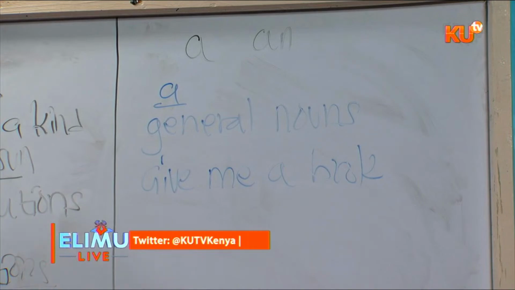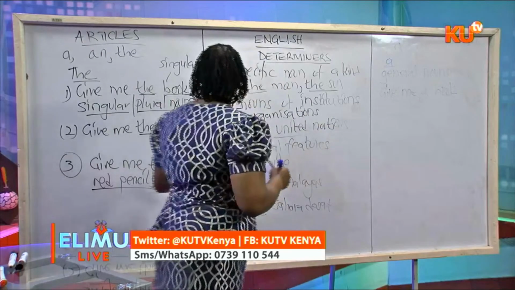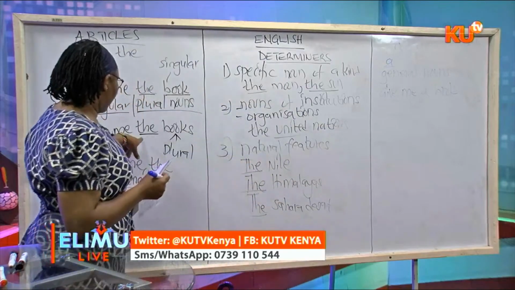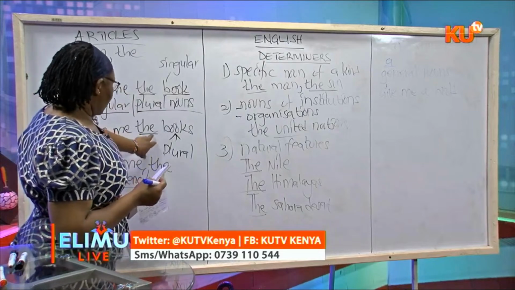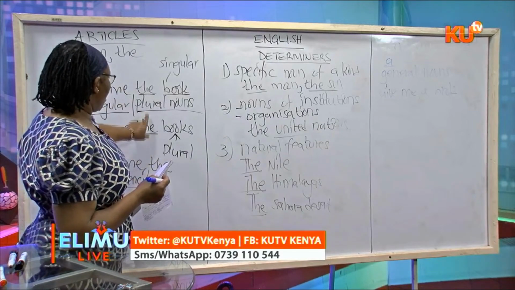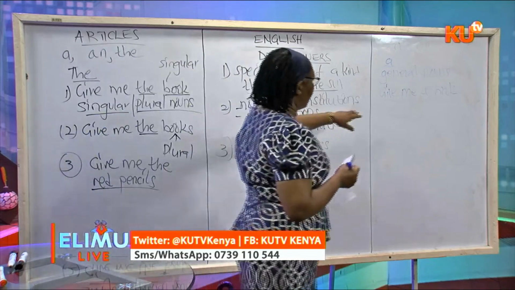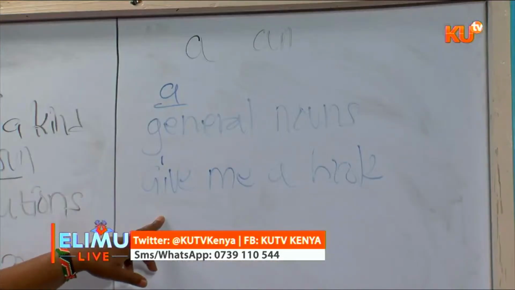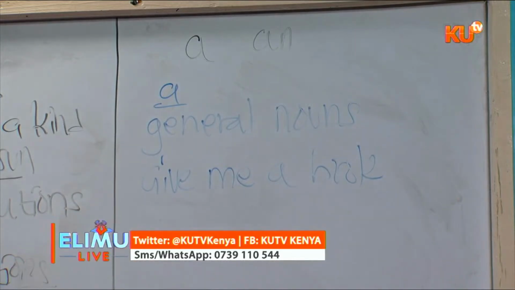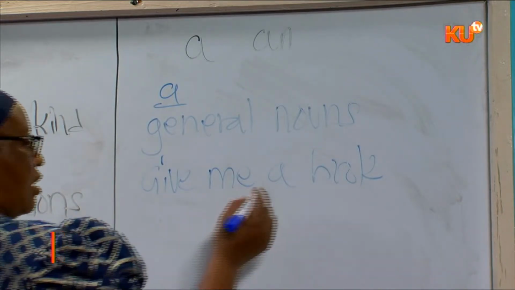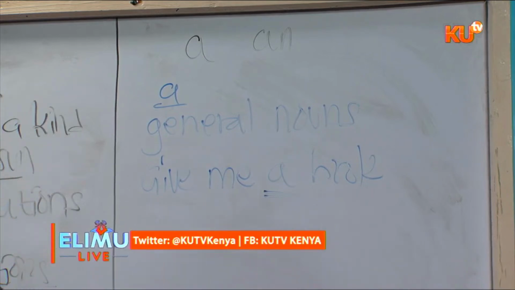In the first case, this one is referring to a certain book which is well known, but in this case the book is not specific, it is just a general book. So that is why we are using a.